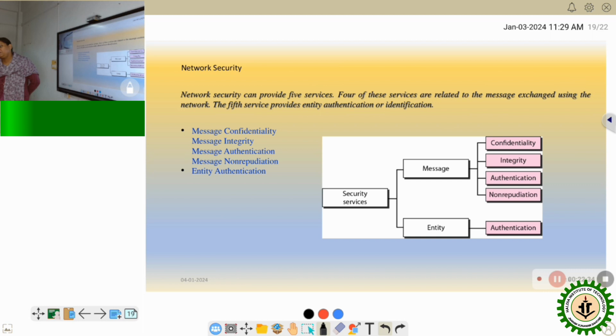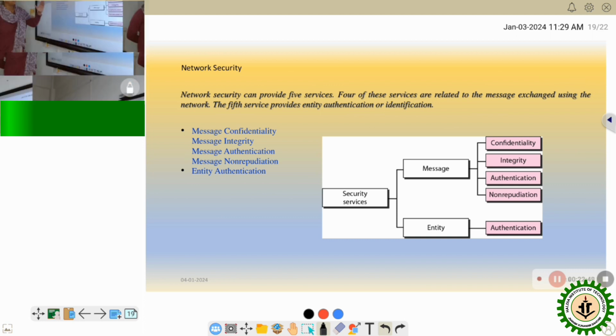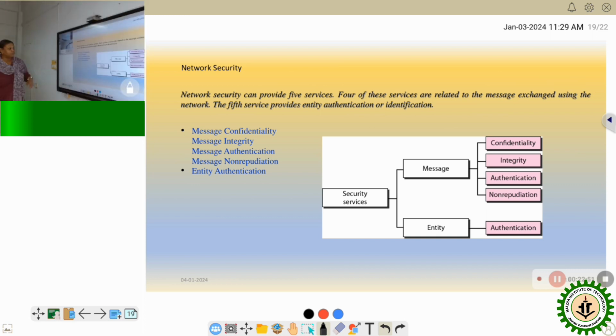And communication obviously requires some security in the network. There are 5 security services when a message is transferred from the sender side to the receiver side. First is message confidentiality, then message integrity, message authentication, message non-repudiation, and finally entity authentication.